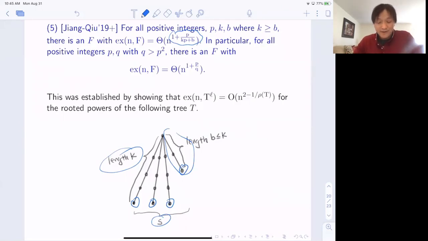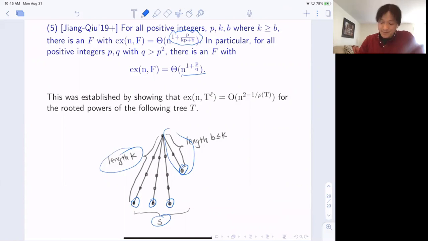Luckily, we find a very simple way of phrasing the result. As a corollary, you can say that for all integers P, Q, where Q is bigger than P squared, this exponent 1 plus P over Q is realizable. There is a bipartite graph with this Turán number. If you phrase it this way, it's quite simple.